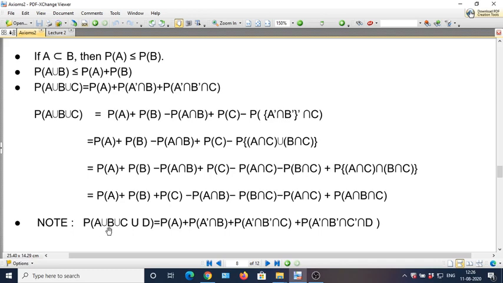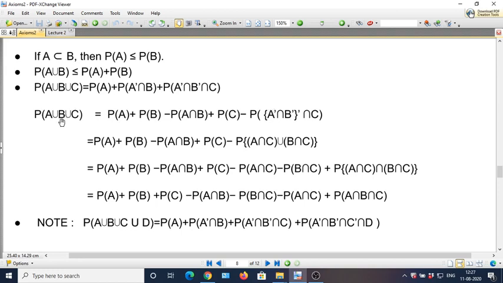P of A union B union C union D is PA plus P of A complement intersection B plus P of A complement intersection B complement intersection C plus P of A complement intersection B complement intersection C complement intersection D, and so on. So this way of writing allows us to use the third axiom quickly and derive new results. Let us do this for this particular one.